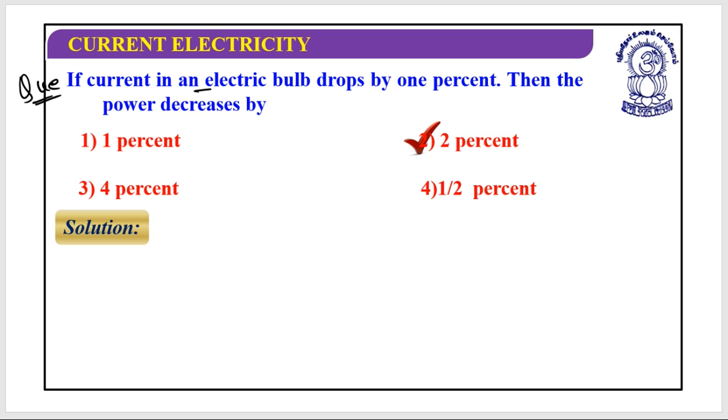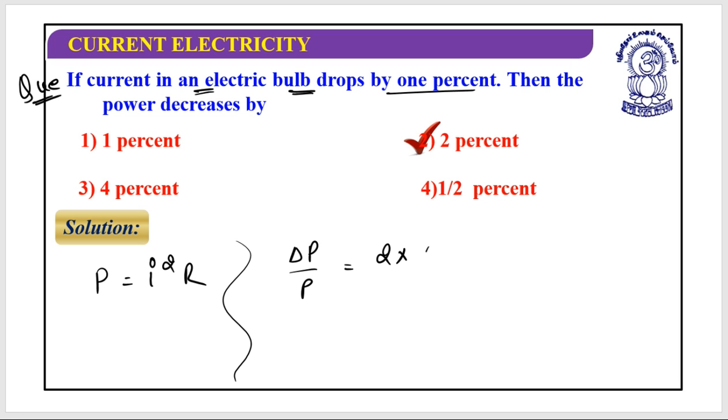If current in an electric bulb drops by 1%, then the power decreases by how much? Current has been dropped by 1% and you are asked about power. You have the relation P is equal to I square R. So from this, delta P by P could be written as 2 into delta I by I, as the change is less than 5%.